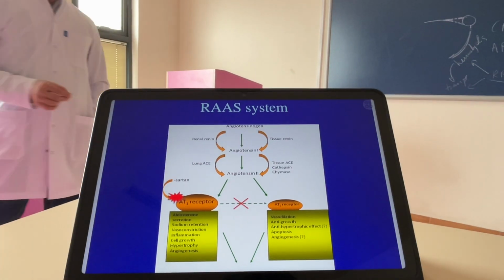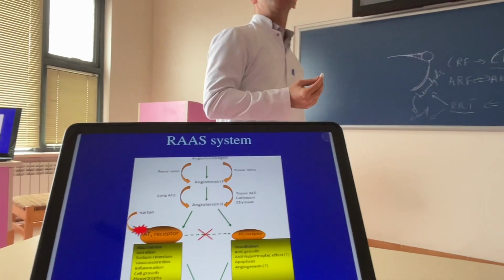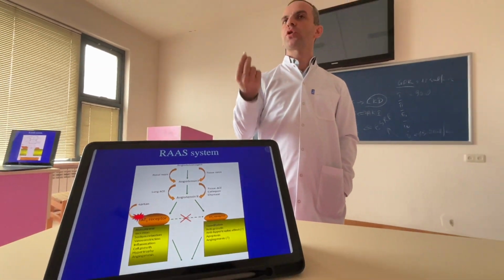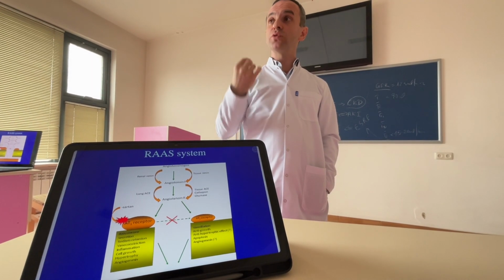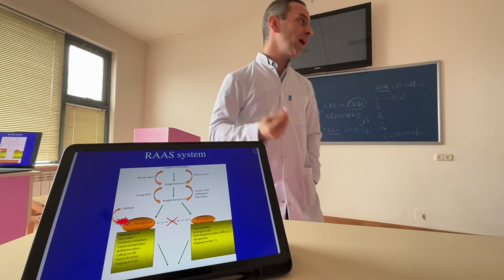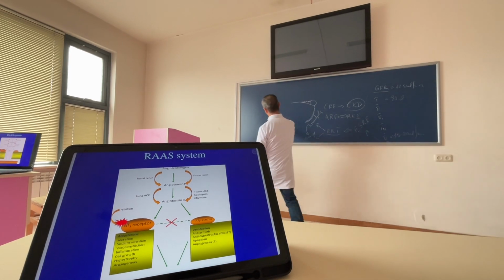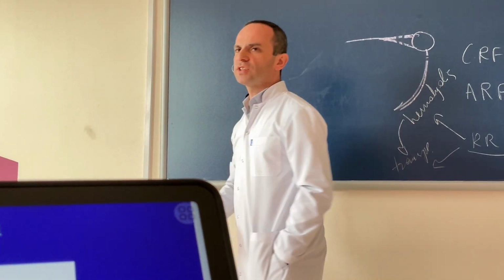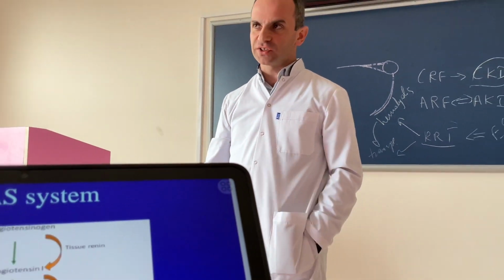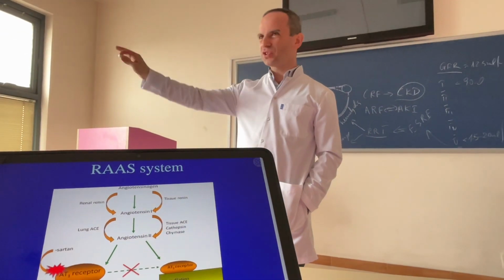Now look, let's start from the beginning. Renin. What is renin? It's a proteolytic enzyme which is produced by the kidney. By which part of the kidney? By the juxtaglomerular apparatus or juxtaglomerular cells. Where they are and so on is written a bit later.